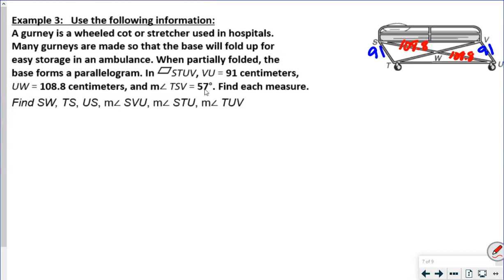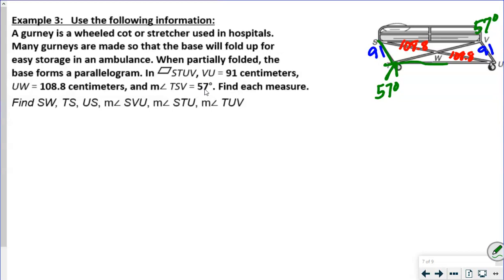Then it says angle STV is 57. STV is that bottom left angle, guys. So STV is this angle right here. So it says that this angle is 57, which means this opposite angle up here is 57, right? And how would we find the angles that are consecutive to it?